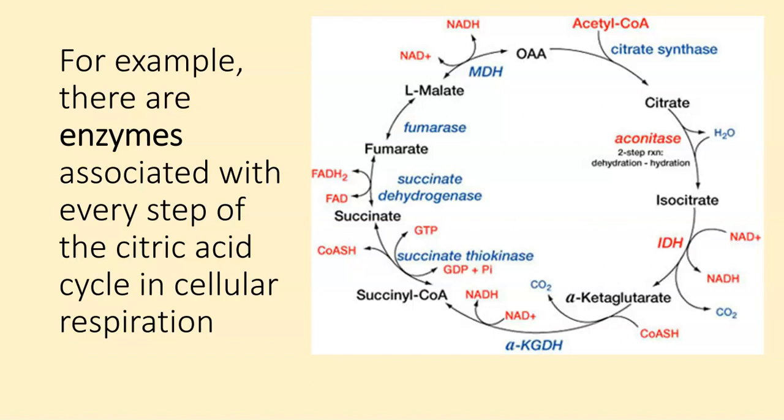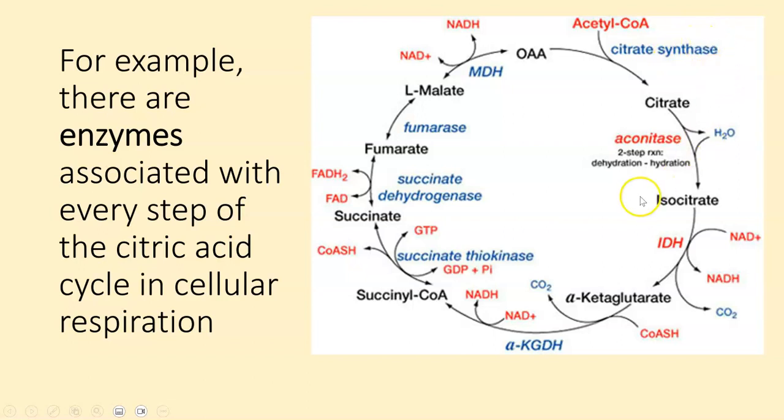You'll have to know certain key points of it. But for now, I just want you to focus on the words that are in blue text. Most of these, except water and CO2, everything else, though, is an enzyme. One thing I want you to take note of with those enzymes is the way they're named. For example, citrate synthase. I know that's an enzyme because typically they're named with a word that ends in -ase.